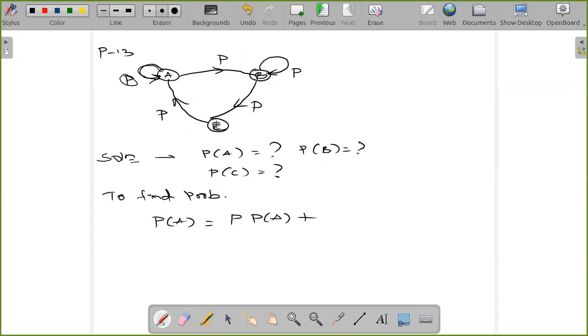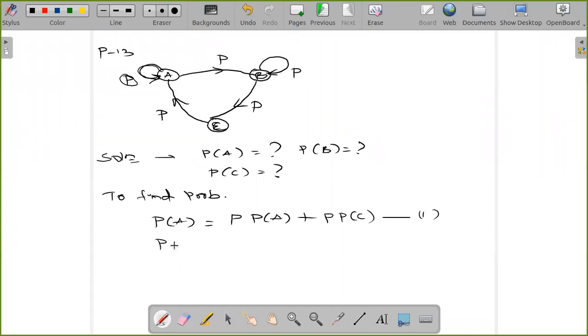C is entering into A with probability P. So I consider which state is entering: P into P of A plus P into P of C, equation number 1.